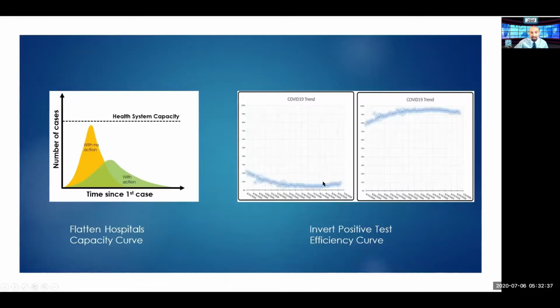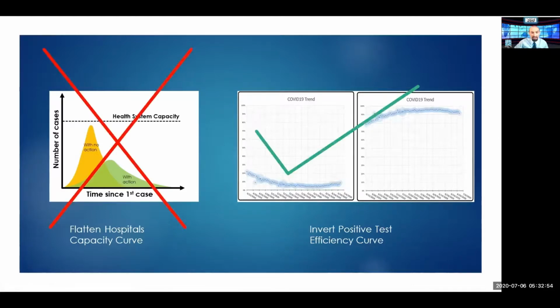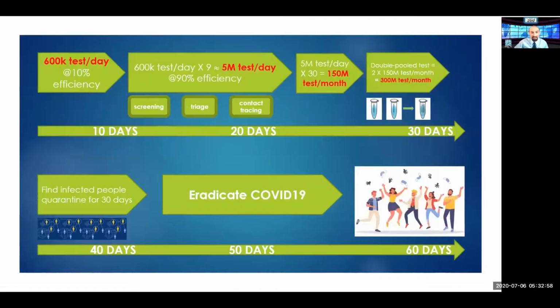So instead of 10%, we go to 90%. 90% is an efficiency that is acceptable. So if we agree that inverting the curve is more effective than flattening the curve, then we can move forward with a plan. And the plan would be as follows.